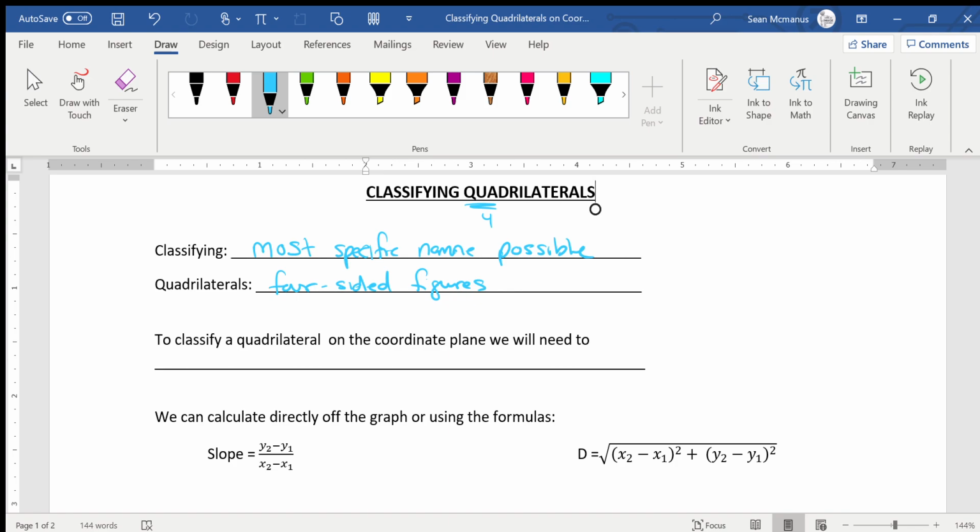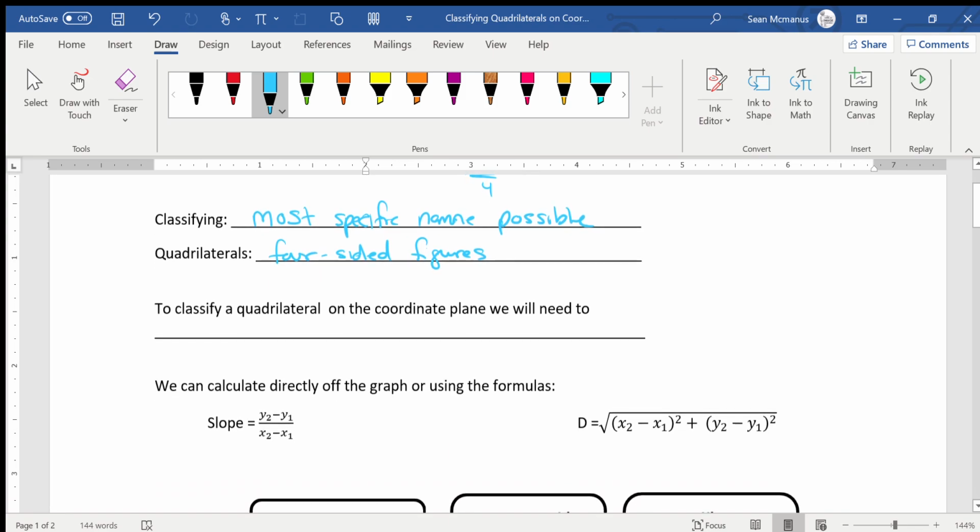So we know there are a lot of four-sided figures we've seen. How do we actually investigate those to be able to give the most specific name possible? To classify a quadrilateral on the coordinate plane, which is on the graph where we're going to be operating, we're going to have to examine side lengths and slopes of the sides, and we're going to compare them to each other.